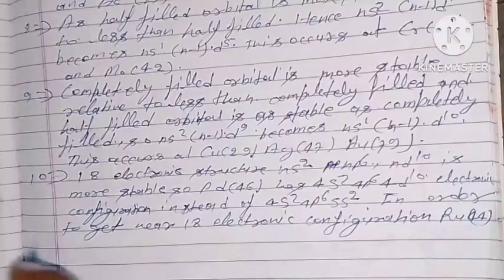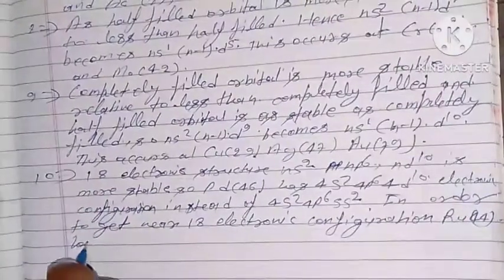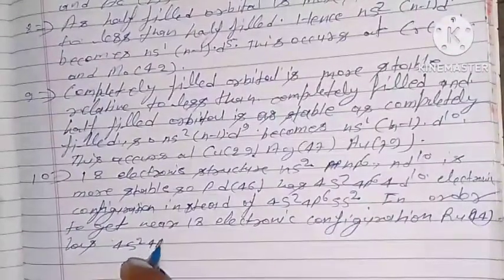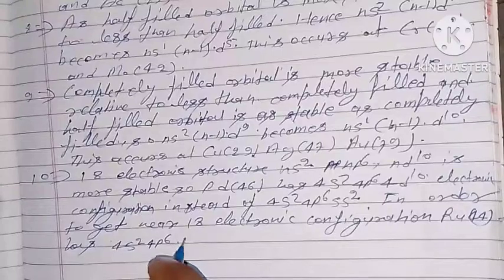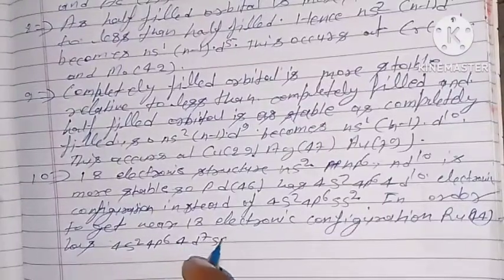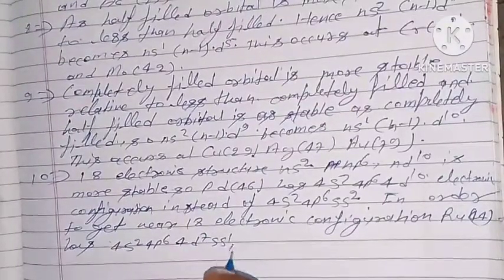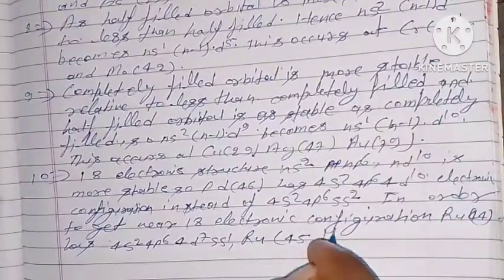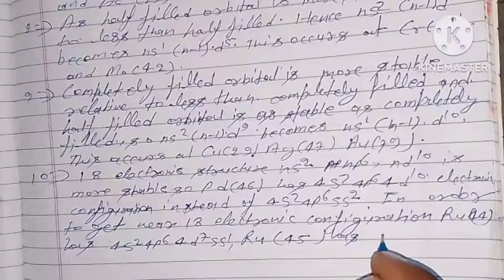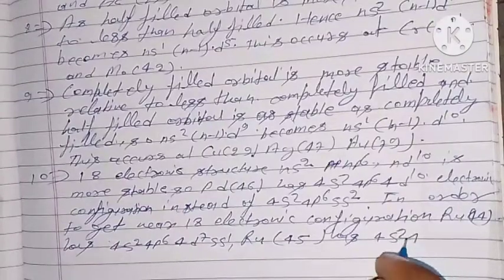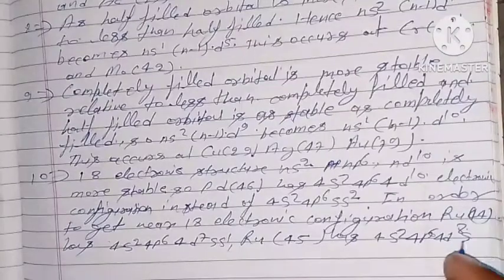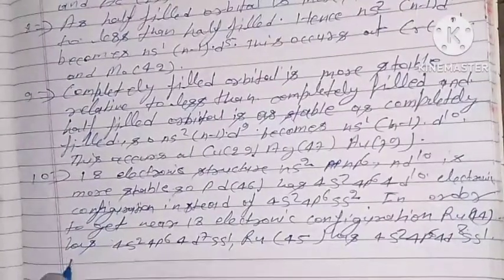Ru 44 has 4s2, 4p6 and 4d7 5s1. Rh 45 has 4s2 4p6 4d8 5s1.